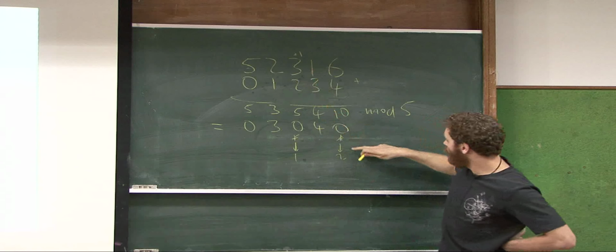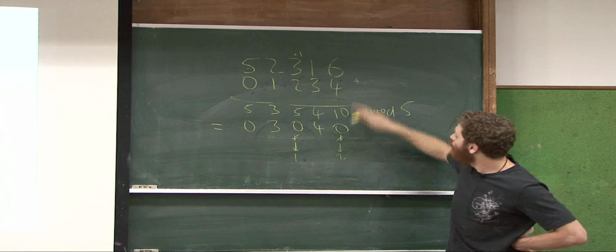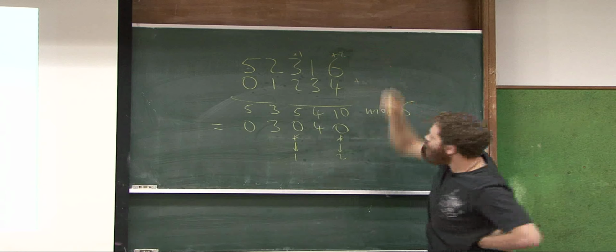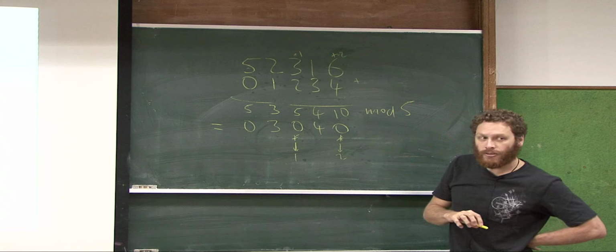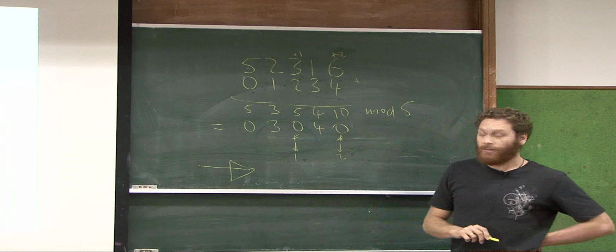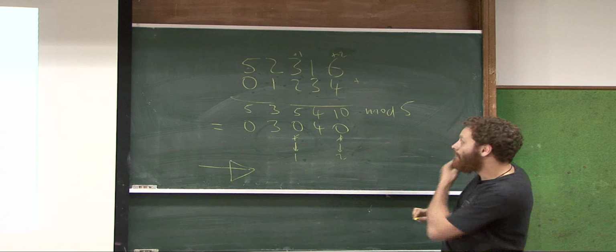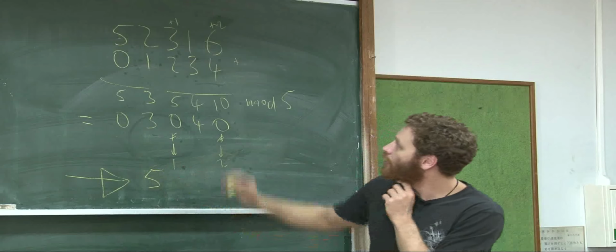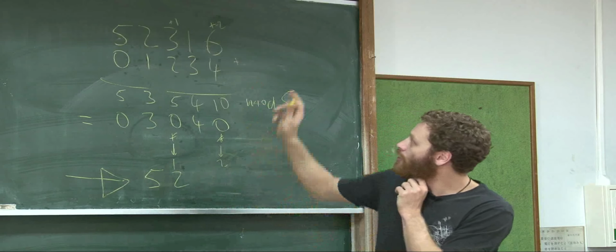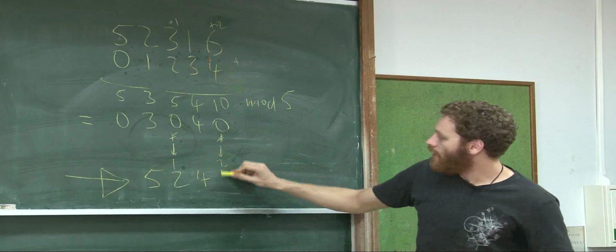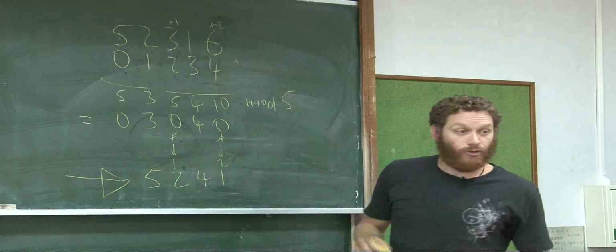In order to turn that into a 2, I need to add 2. If I apply that procedure, we'll end up with 5, 2, 3 plus 1 is 4, and 6 plus 2 is 8.